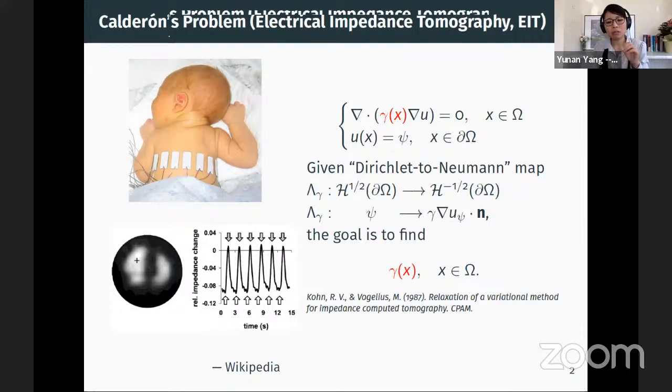But in the end, when we try to do some reconstruction, some variational approach would be very helpful if we do not know the inverse map, etc. For example, here I list a very classical paper by Bob Cohen, who will give a presentation later in this workshop, and also Regulus on the relaxation using variational method for EIT, or for Calderón's problem. That was the starting point, and many variational or data fitting type approaches for solving this inverse problem followed afterwards.